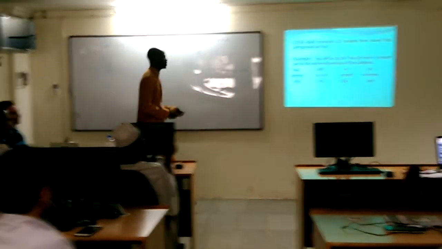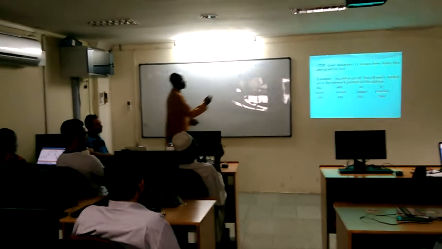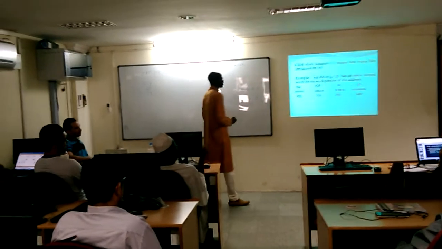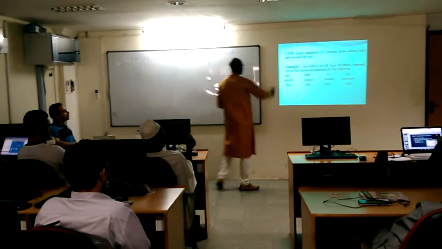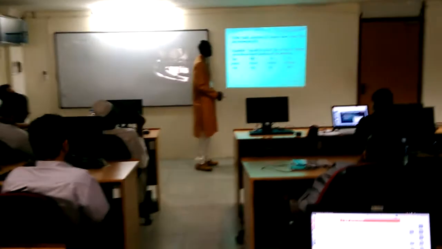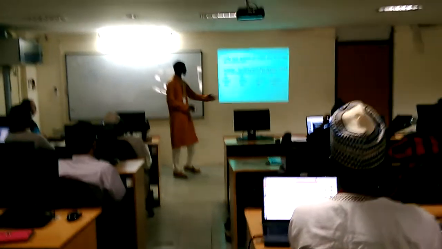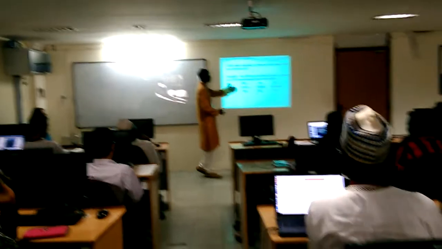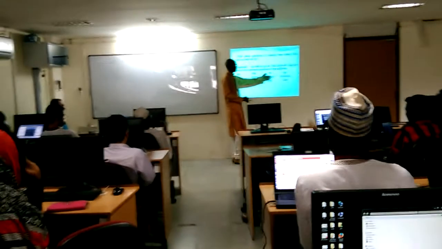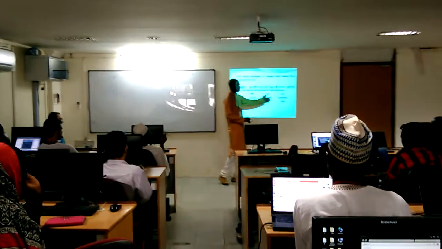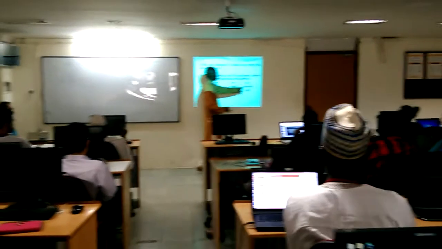As I told you, how many bits are turned on? You see, this example, 192.168.10.32. How many bits are turned on? Just count. 8, 8, 8, 24, right? 25, 26, 27, 28.